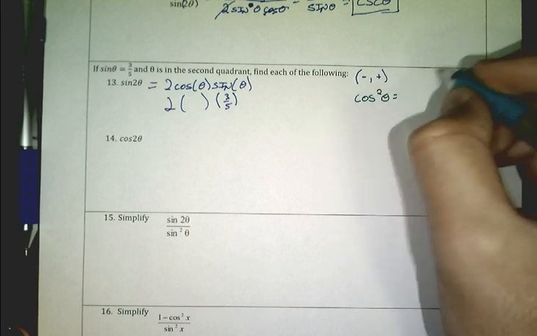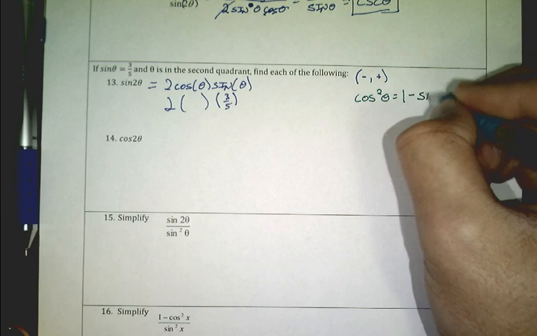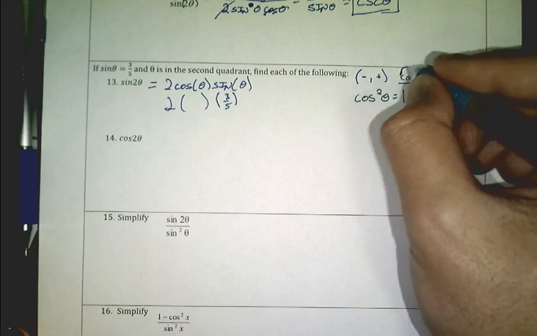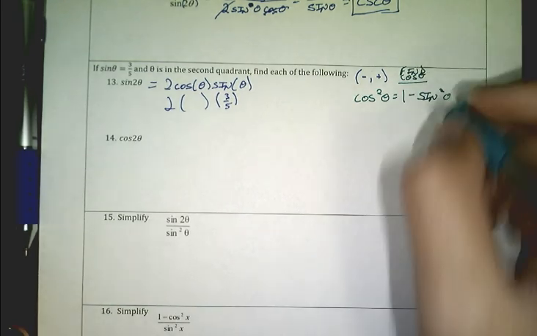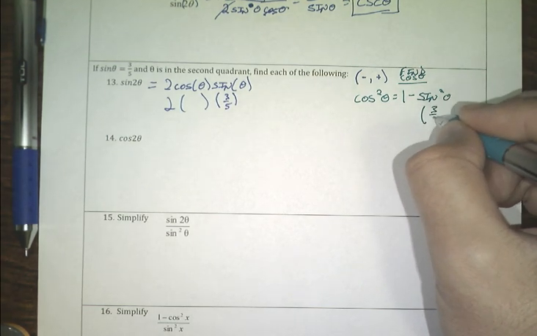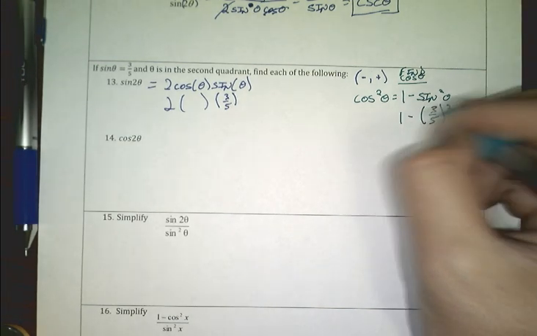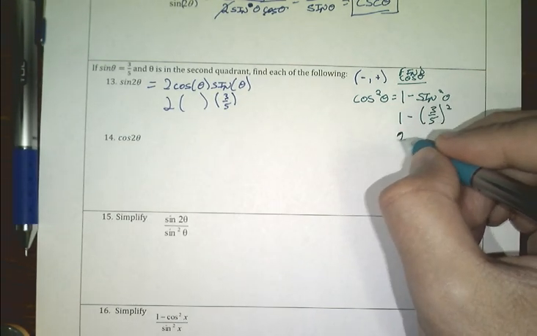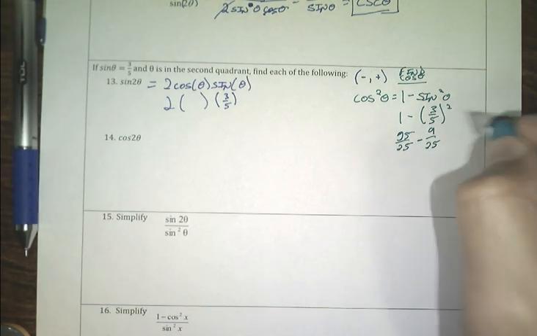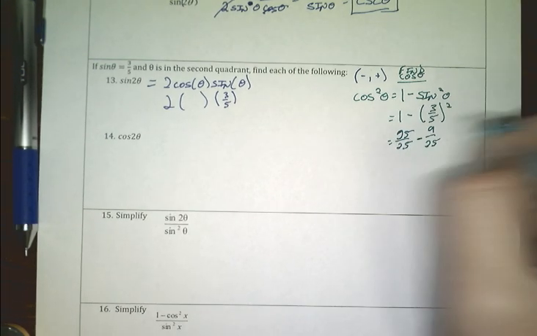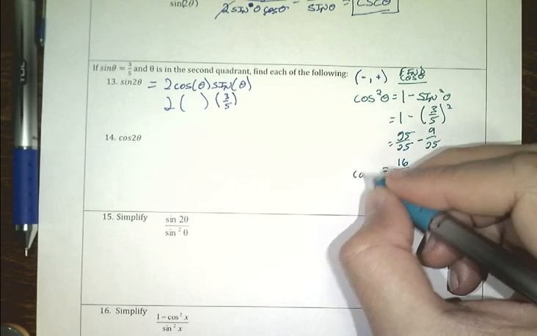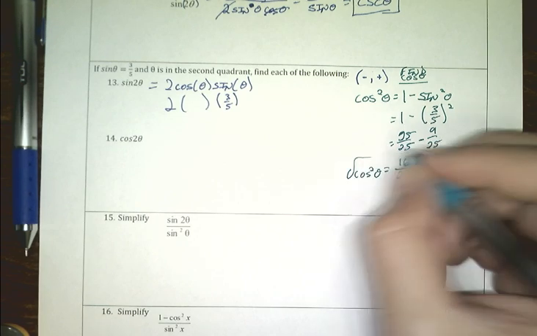cosine squared theta is equal to 1 minus sine squared theta. So this is defining cosine. So we can replace everything we know. I know sine is 3/5. And so we're going to have 25 over 25 minus 9 over 25. So we know this is 16 over 25. Cosine squared, 16 over 25.